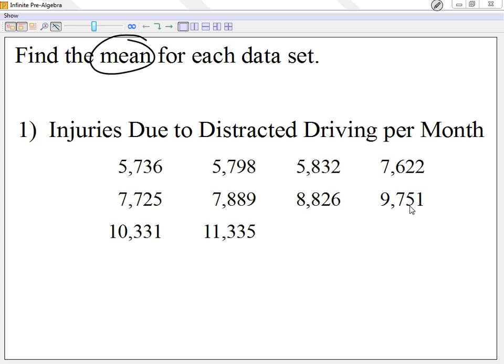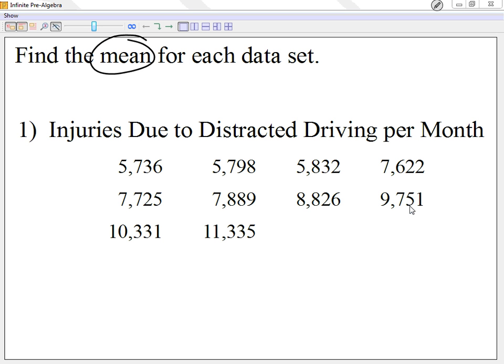5736 plus 5798 plus 5832 plus 7622 plus 7725 plus 7889 plus 8826 plus 9751 plus 10,331 plus 11,335.